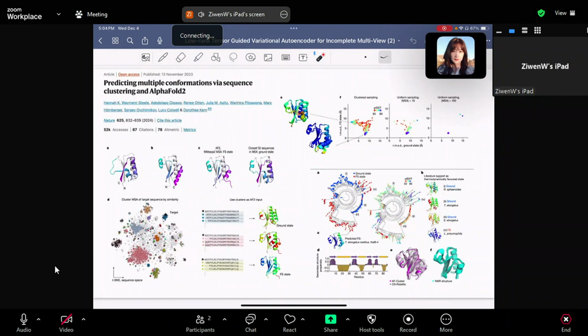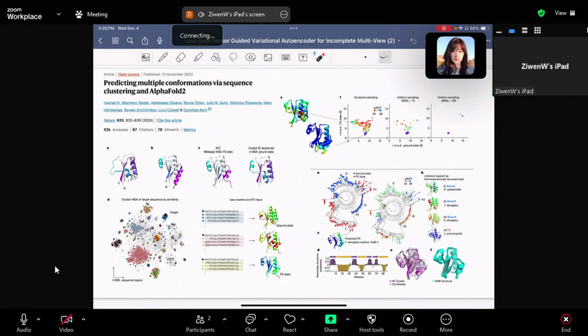It is about predicting multiple conformations via sequence clustering and AlphaFold 2. It talks about the main problem of predicting multiple conformational states of proteins, which is critical but an unresolved challenge in structural biology. Previous methods, including AlphaFold 2, introduced in 2021, were excellent at predicting single protein structures, but fail to accurately predict dynamic conformational ensembles, such as those seen in metamorphic proteins, which are essential for biological functions and disease understanding.